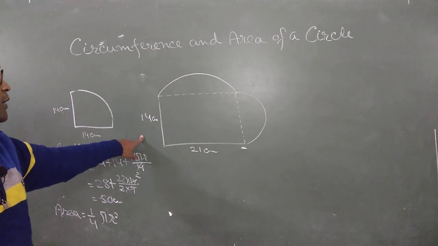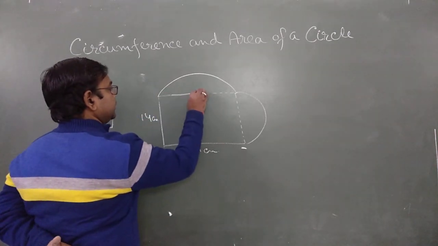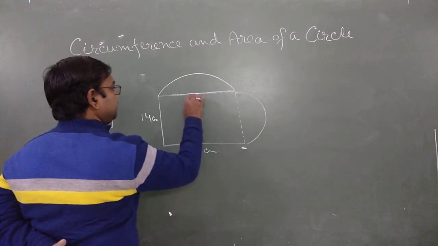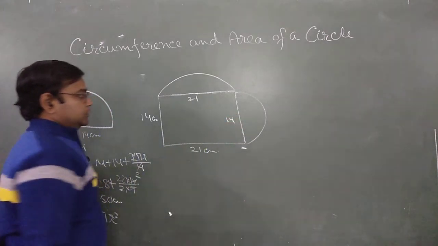Perimeter, in this case, see over here. This is the first semicircle having diameter 21. In this case, diameter is 14 centimeter.